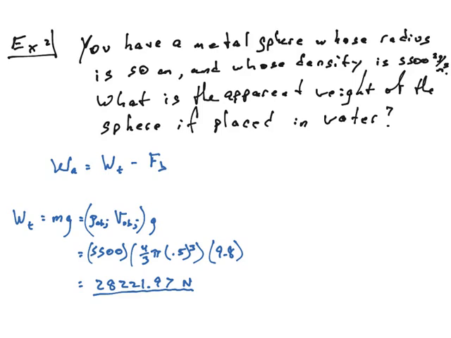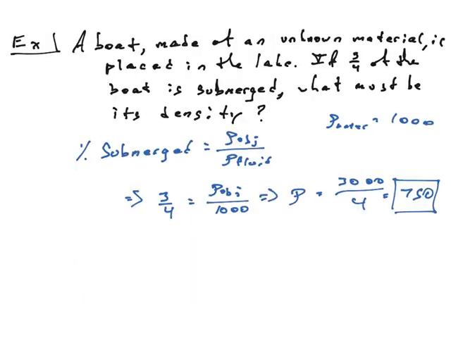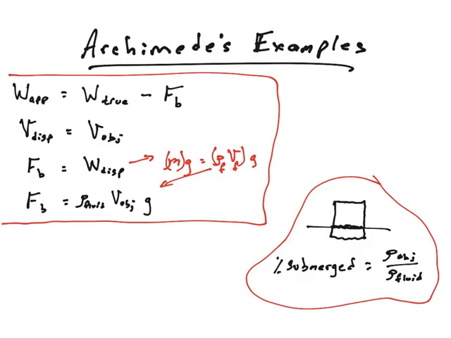All right. What about the buoyant force? How do I calculate buoyant force? Well, if we go back to our relationships, I can use the bottom equation. Buoyant force is the density of the fluid times the volume of the object times gravity.